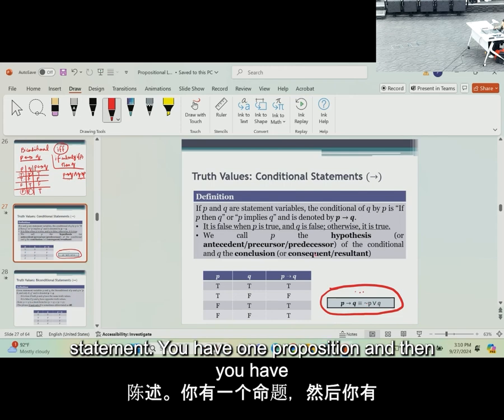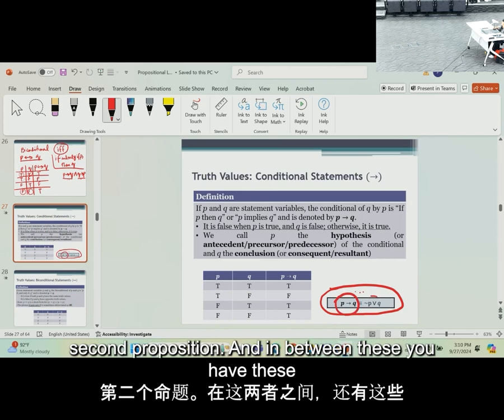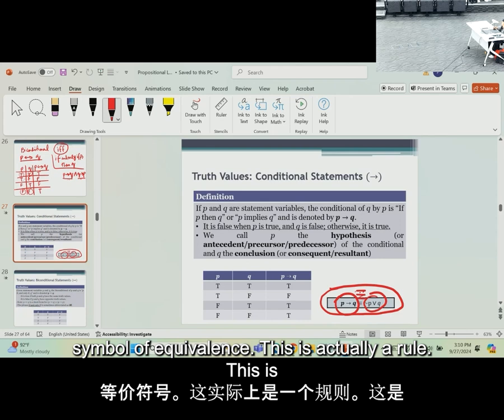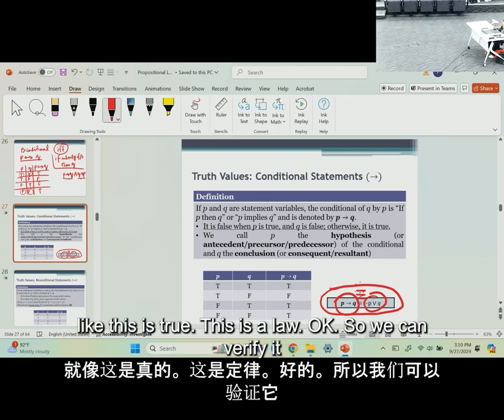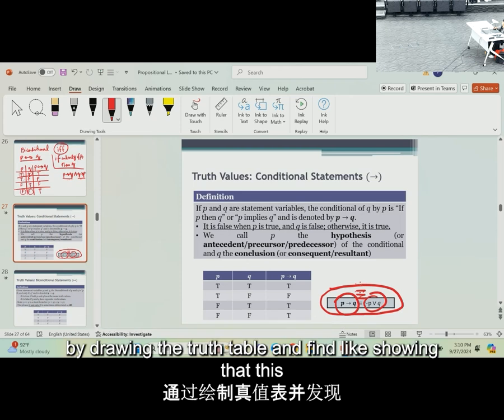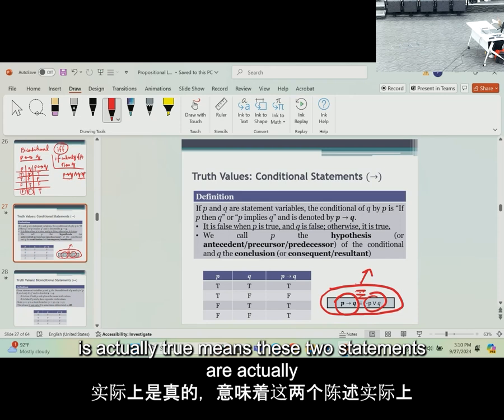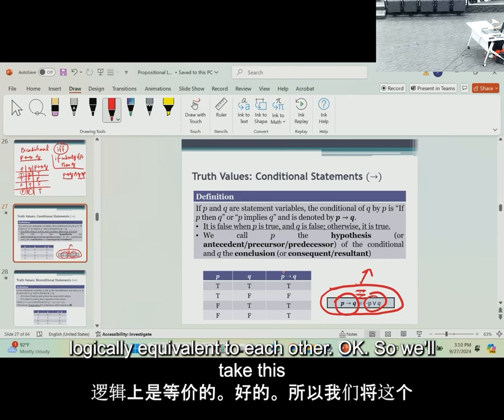You have one proposition, and then you have a second proposition, and in between these you have the symbol of equivalence. This is actually a rule. This is true. This is a law. Okay, so we can verify it by drawing the truth table and showing that this is actually true, meaning these two statements are actually logically equivalent to each other.